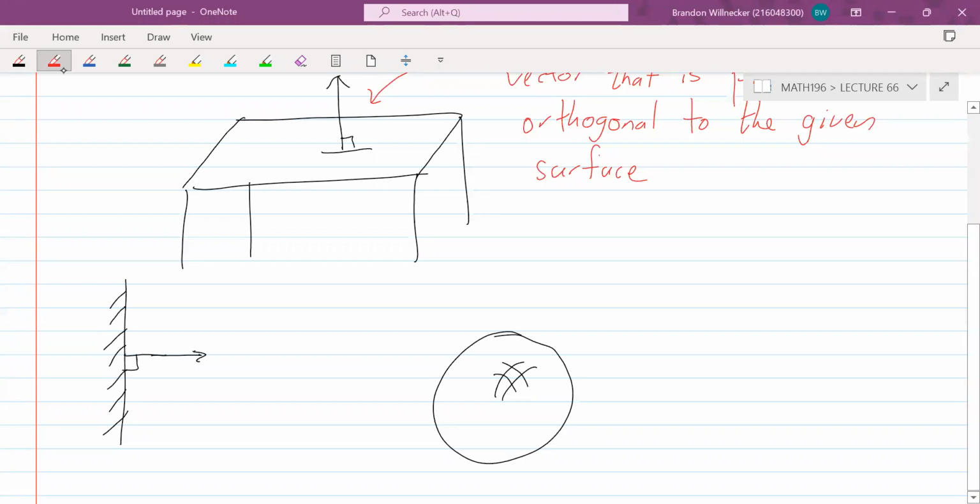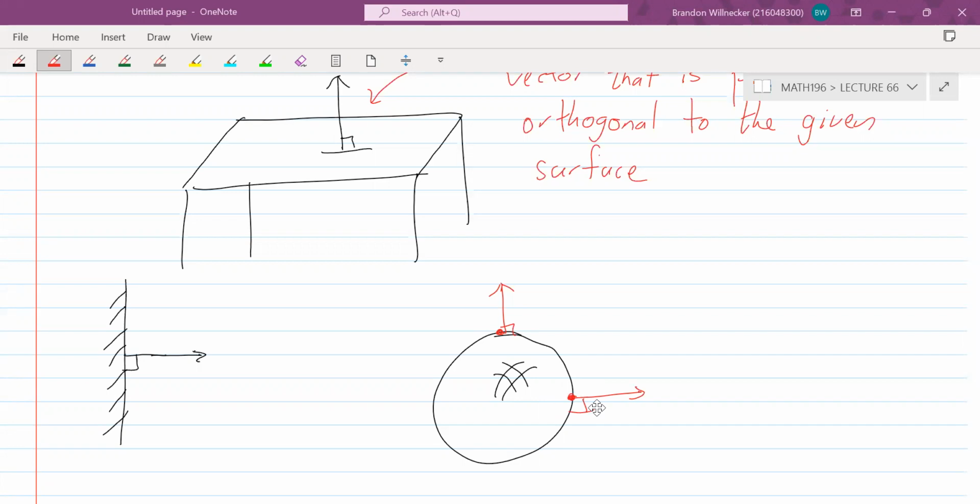If we look at the North Pole over here, the normal would be like that. At that point, it's perpendicular to the surface. If we go here, let's say at this point, then the normal will be going this way. And again, it's perpendicular to the surface.